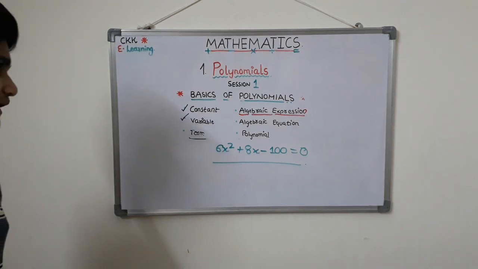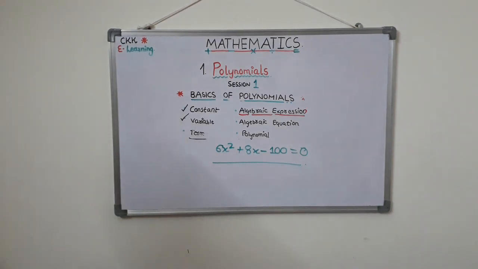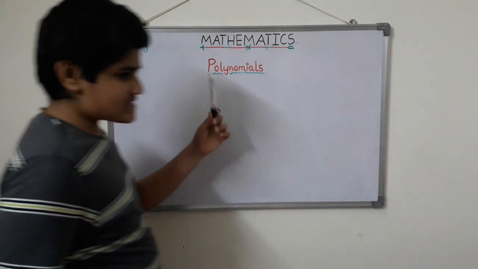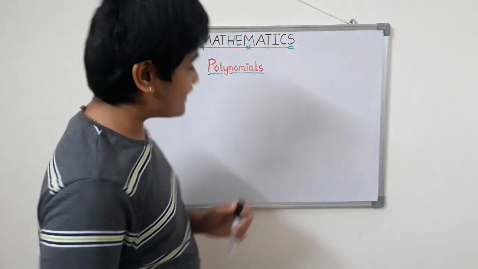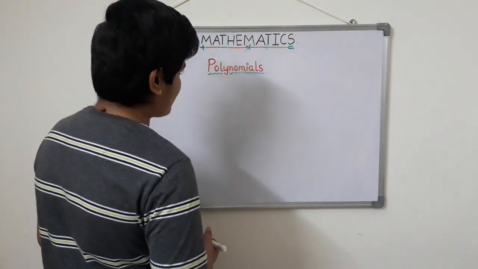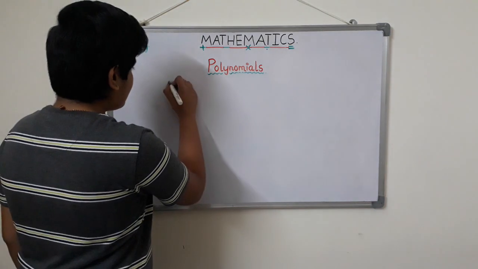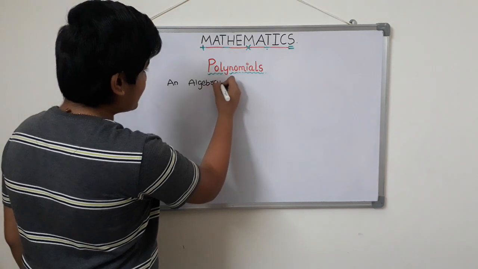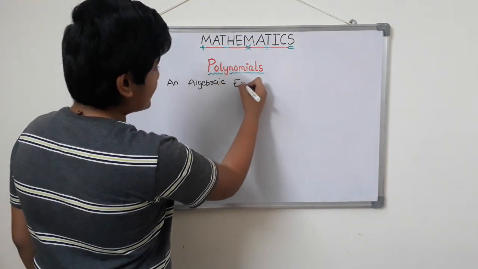Now let us go to the main topic, polynomials. What is a polynomial? Polynomials are the main topic that we are going to discuss now. Listen very carefully. Let me define the meaning of polynomial.